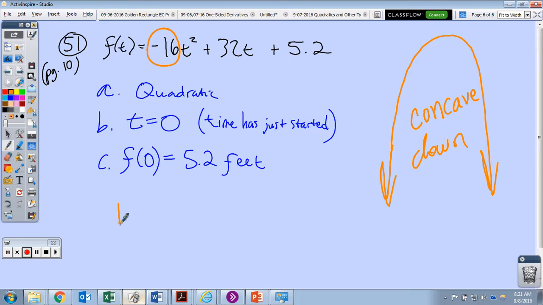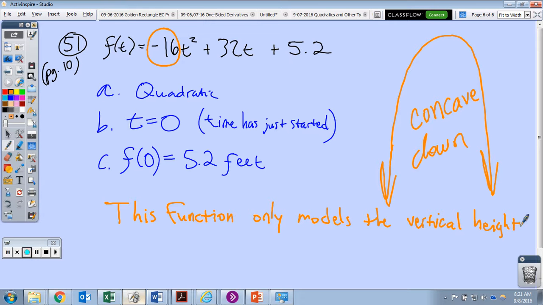All right, this function only models the vertical height of the ball relative to time.